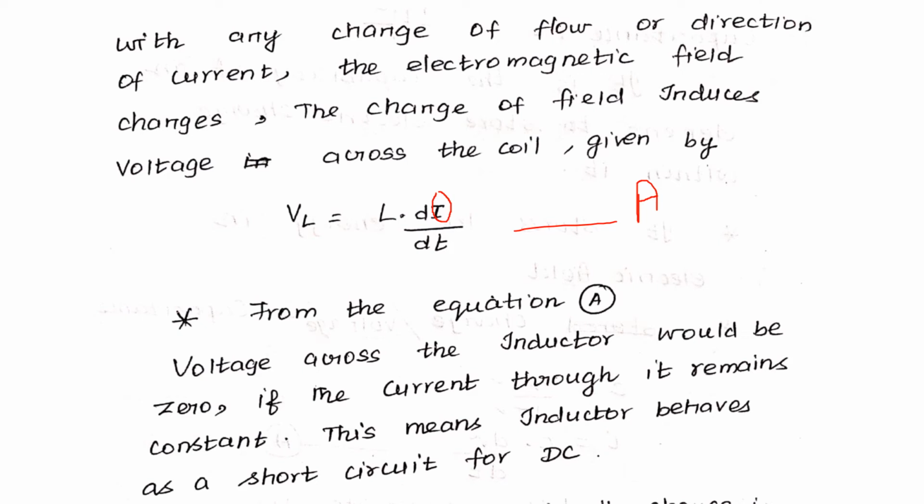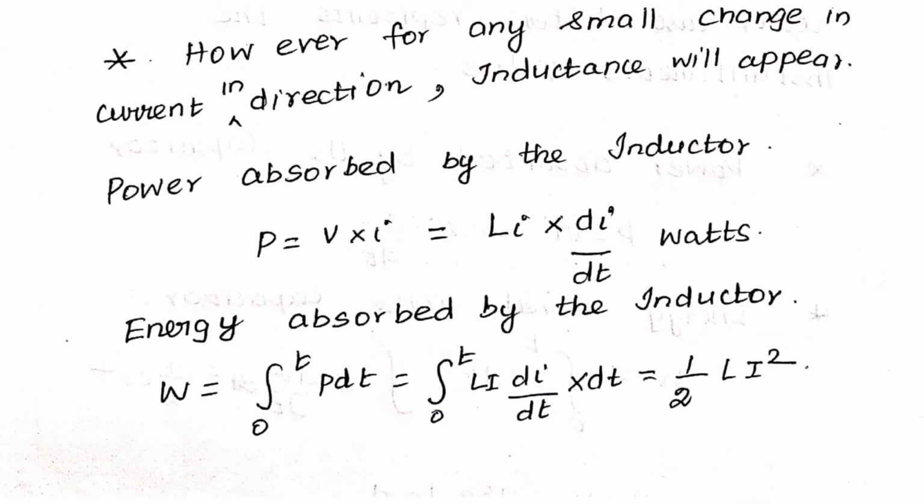Voltage equal to 0 means that's a short circuit. The constant current is DC. So for constant DC current, the inductor acts as a short circuit. However, for any small change in current, inductance will appear.